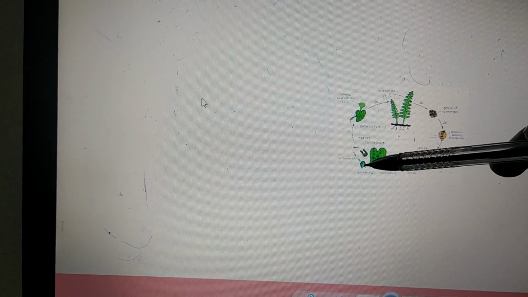The spores are going to germinate in a suitable environment and form this heart-shaped thallus, the prothallus. On this there is a formation of archegonia as well as antheridia. Antheridia produce these flagellated antherozoids. The egg cell from the archegonia and the antherozoid both are going to fuse, leading to the formation of this sporophyte.